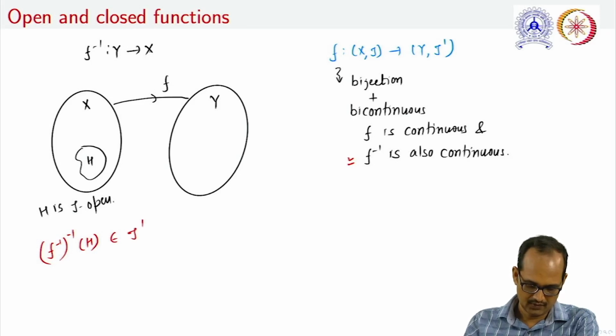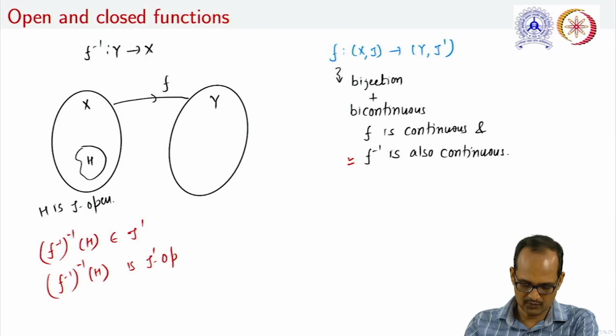But at the same time, because of the bijectiveness, we can say that this is f of H, that is, the image of H under f is tau dash open.